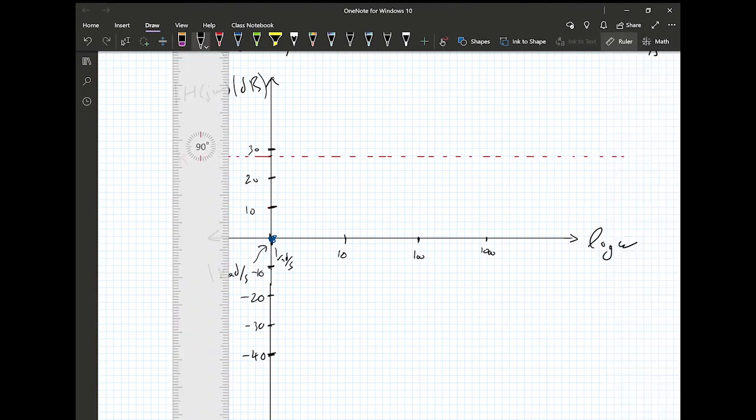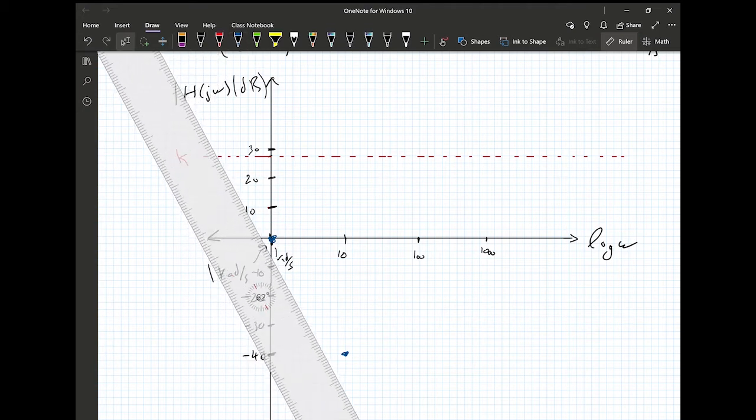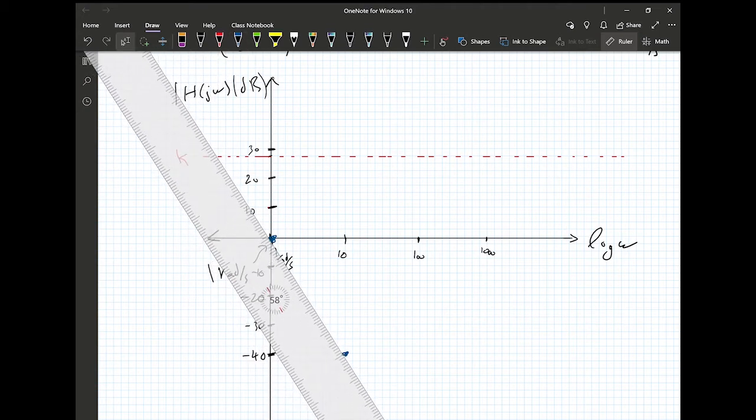Okay, so that's enough. I need to have enough slope to give me 40 dBs per decade. So this is 40 at 10. So this goes here. So this is the other point. So this is at 10 rads per second. I have minus 40. I just now have to join between those 2 points to get the minus 40 dB per decade slope.